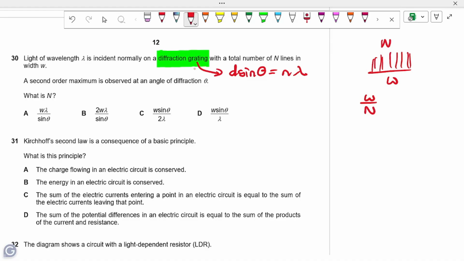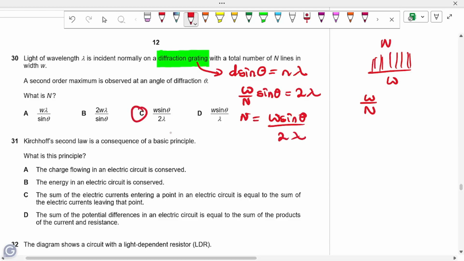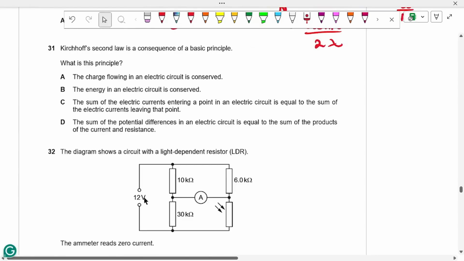So now I can just say, W over N sine theta equals n lambda, and n is the order, which is the second order maximum, 2 lambda. So N would just be equal to W sine theta divided by 2 lambda. The correct answer will be C.